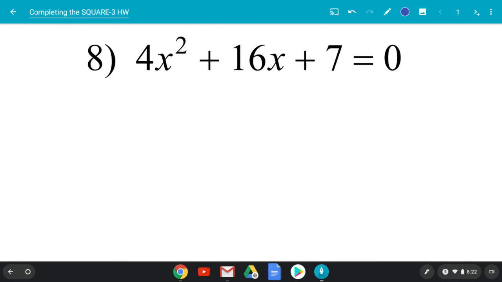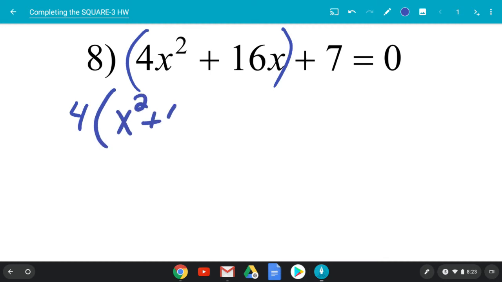Okay. Now, number 8, is there a GCF? Not in all. I mean, there's nothing that goes into that 7, right? But there's a GCF right here. Do you see it? Yes, I do. I can pull out a 4 there. 4 times x squared plus 4x plus 7 equals 0.